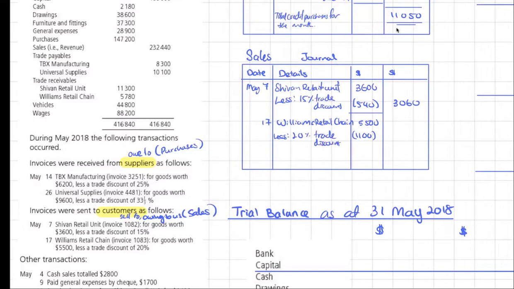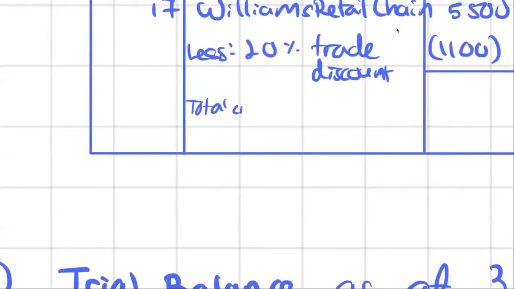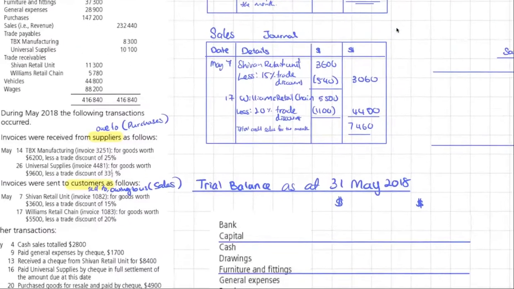Remember never to record your trade discount in any ledgers. You're not supposed to record it in your ledgers. 4,400. We add them together, we get 7,460. This is our total credit sales for the month. This total will then be posted into our sales account in our nominal ledger.